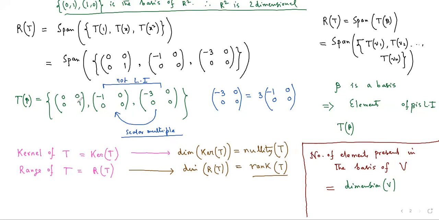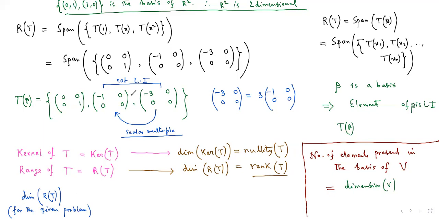From here I'm going to find the dimension of R(T). So for this problem we want to check what is the dimension of R(T). Now let us try to find it out. We need to find a basis which spans the members of R(T).